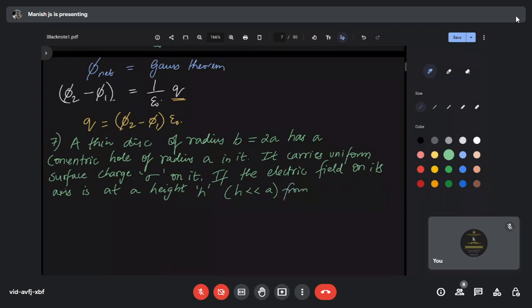From its center, which we will denote as O, such that OA is equal to h.